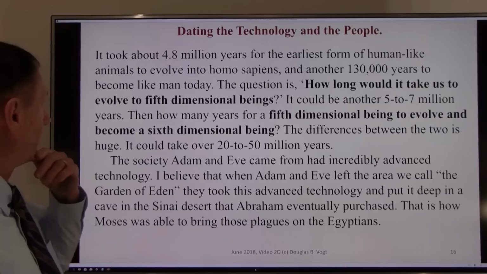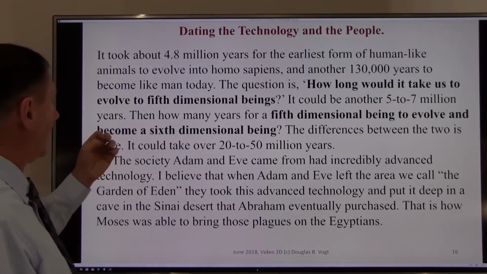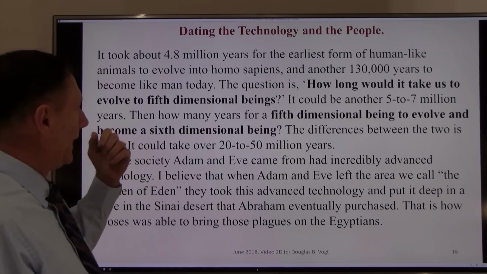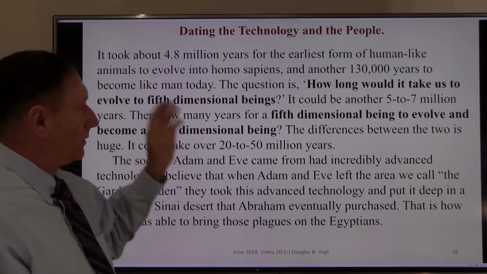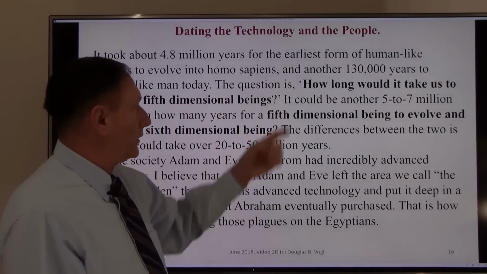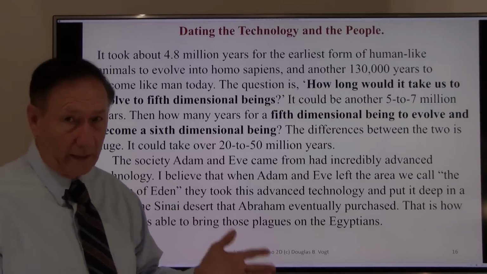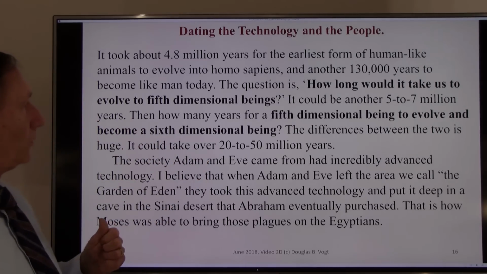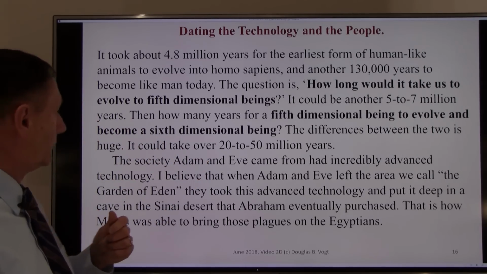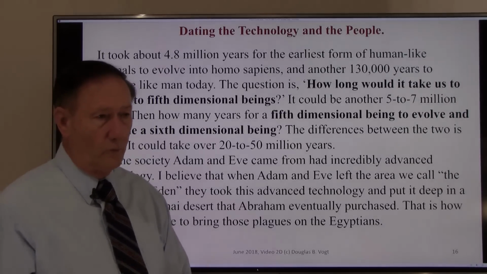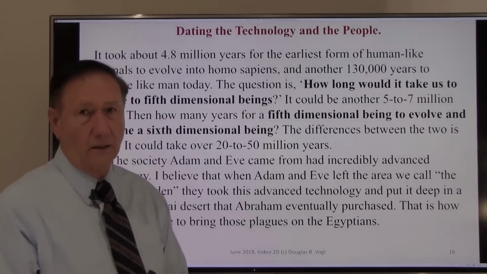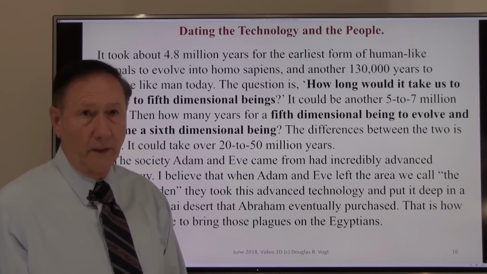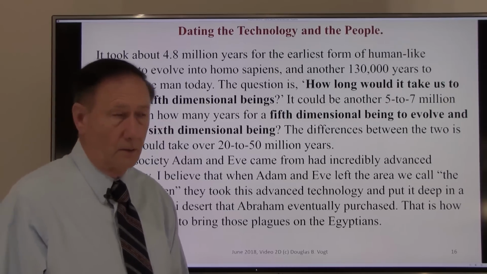The difference between Homo sapiens and what came before, human-like things, was about 4.8 million years from then to something that looks somewhat human, another 130,000 years, we think, we guess, to become like man today. The question is, how long would it take us to evolve to fifth-dimensional beings, where you're able to move objects just with your mind, communicate telepathically, etc.? I don't know. 3 million years, 4, 5 million years, maybe longer.